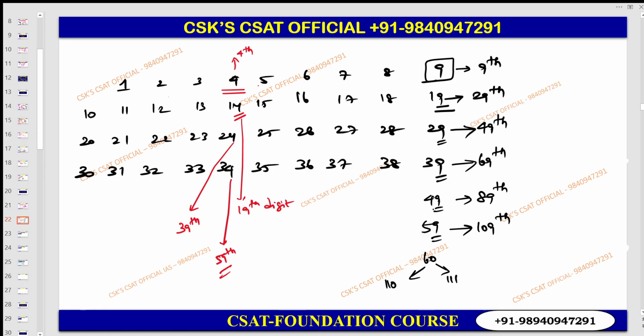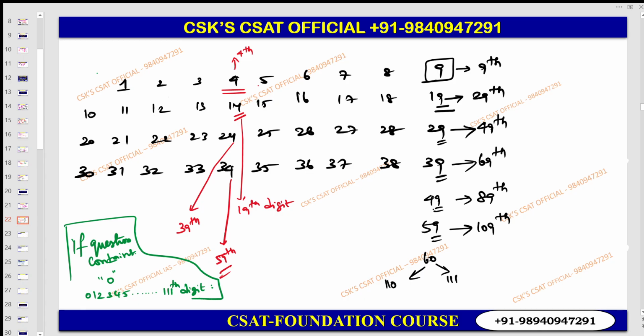This is important. Suppose, listen very carefully, if the question contains 0, like this, 0, 1, 2, 3, 4, 5, 6, etc., and I'm asking you one digit, then you have to move one place here.